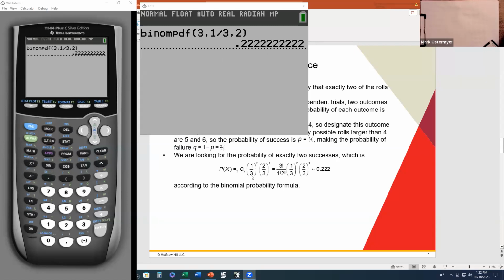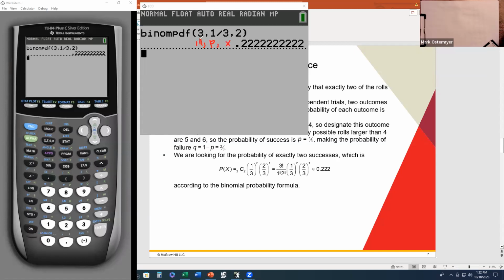Now we understand how we computed that much quicker than using the actual function, which requires the combination function and all this exponential notation. This is so much more compact because it basically has all that built into the binomial PDF. You just have to remember the argument list, which is n, p, x.